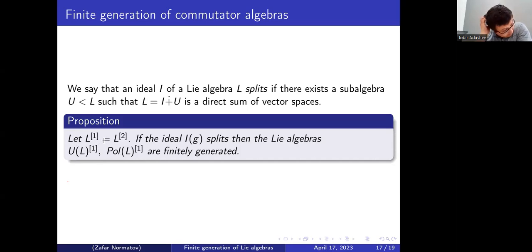Proposition: let L to the power 1 equal L to the power 2. If the ideal splits, then the Lie algebras are finitely generated. These are the necessary conditions for the exceptional case of part C of the main theorem.